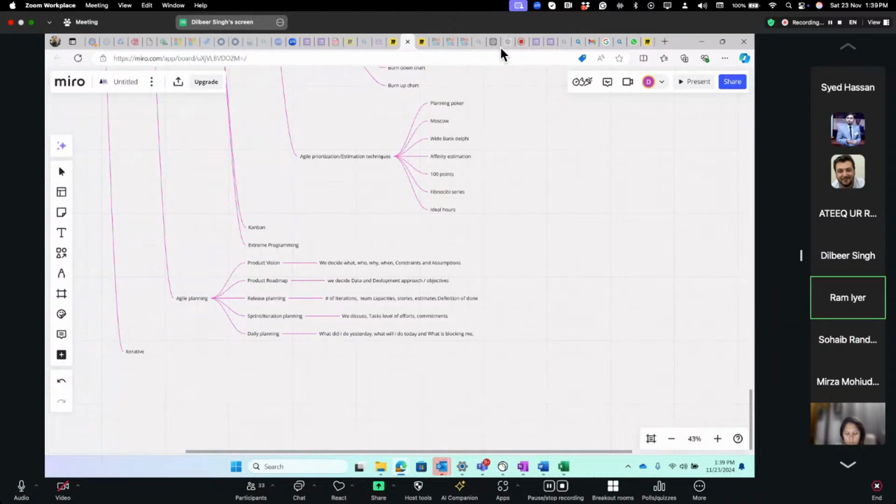And sprint planning is where we basically take up the stories, tasks, definition of done, level of effort, commitment, all that is covered under that. And daily planning is basically what have we completed, what are we going to do today, and is there a roadblock, what needs help, all that is covered. So this is a general overview of Agile.